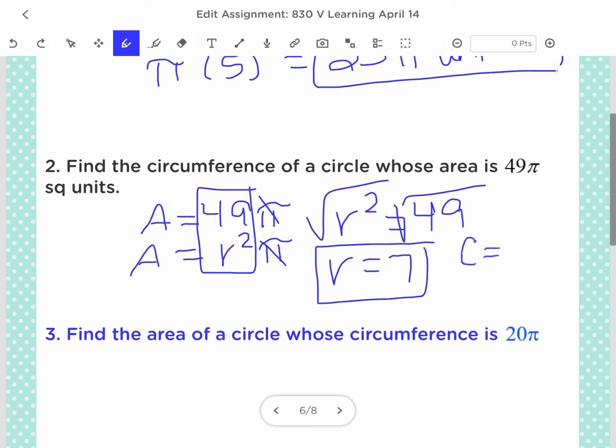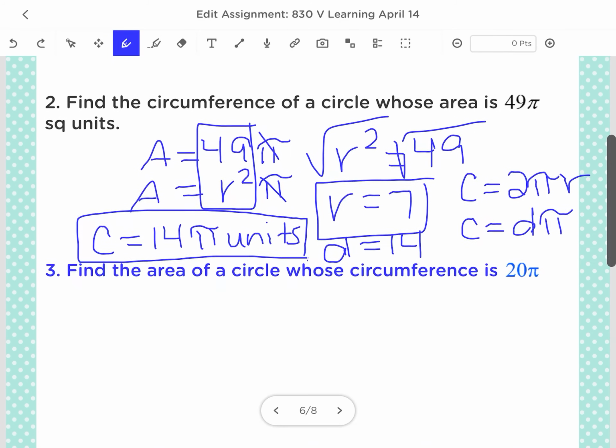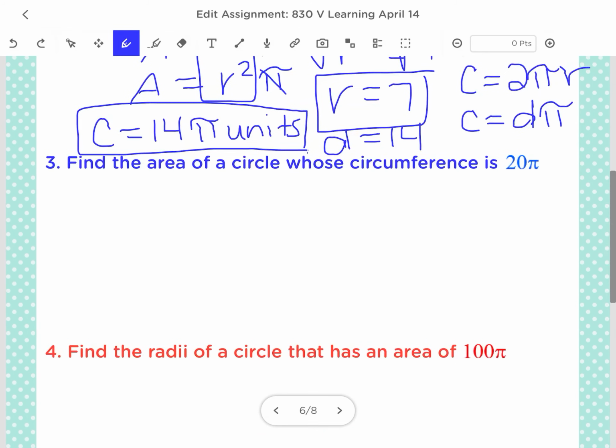We remember that circumference is either 2 pi r or diameter times pi. Either one is fine. The radius is 7, so we know the diameter is 14. So the circumference is just going to be 14 times pi. Circumference is just units, not square units, because you're just trying to find the length specifically.